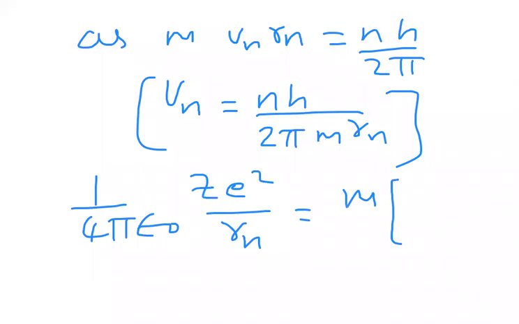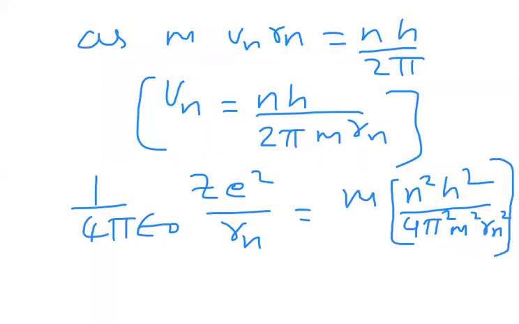F is the electrostatic force between two charges, also called centripetal force. Coming to mvn square, Vn square I can write as n square h square by 4 pi square m square Rn square. I hope it is clear.